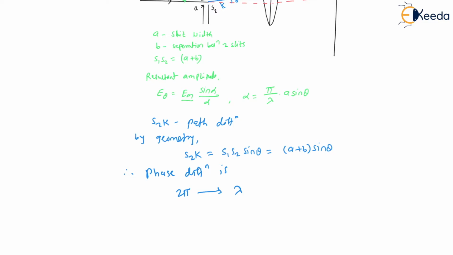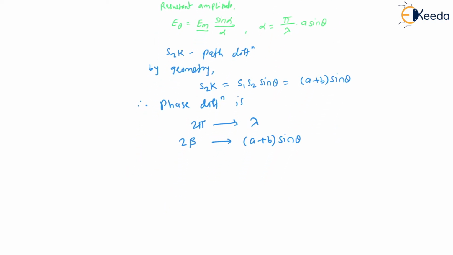So say the phase difference be 2 beta for these two waves. This phase difference 2 beta belongs to the path difference a plus b into sine theta. By cross multiplying, we will have the value of 2 beta as 2 pi by lambda into a plus b sine theta. Here this 2 will get cancelled. We will have the phase difference beta is equal to pi by lambda into a plus b sine theta.